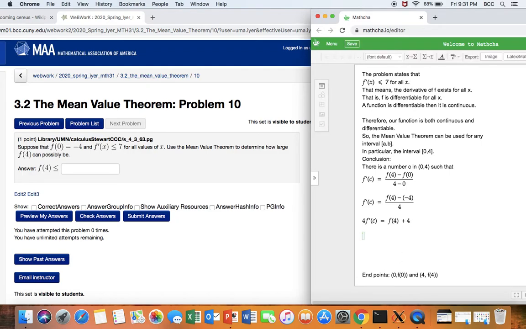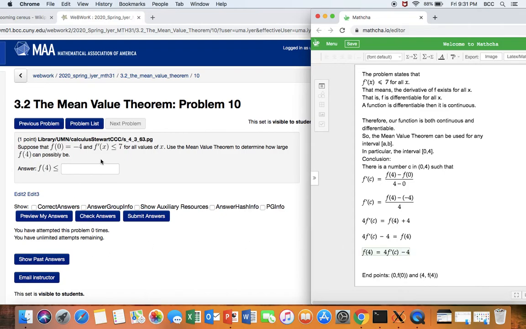This gives me 4 f prime at c minus 4 equals f at 4. Let me rewrite it with this on the left. So f at 4 equals 4 f prime c minus 4.